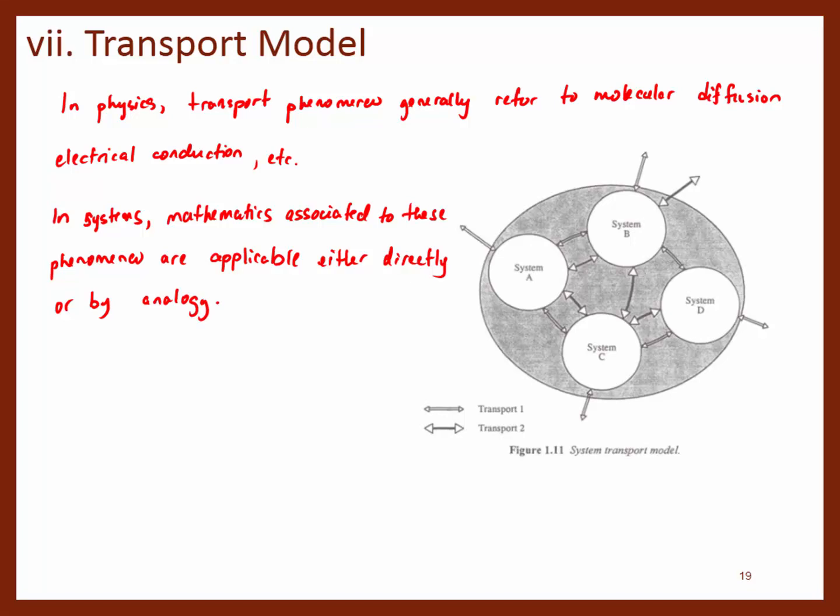So basically what this is trying to say is there are some observed phenomena in natural systems that we characterize mathematically. For example, in physics, we can characterize mathematically the molecular diffusion, or the electrical conduction. Those models that are part of physics can also be applied to systems engineering.